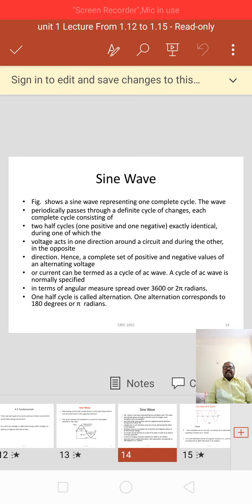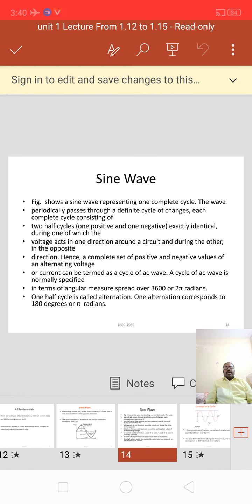Each complete cycle consists of two half cycles, one positive and one negative, exactly identical to each other, during one of which the voltage acts in one direction around the circuit, and during the other in the opposite direction.